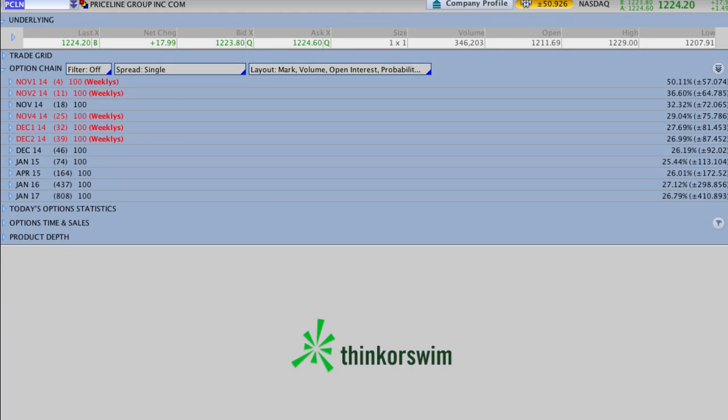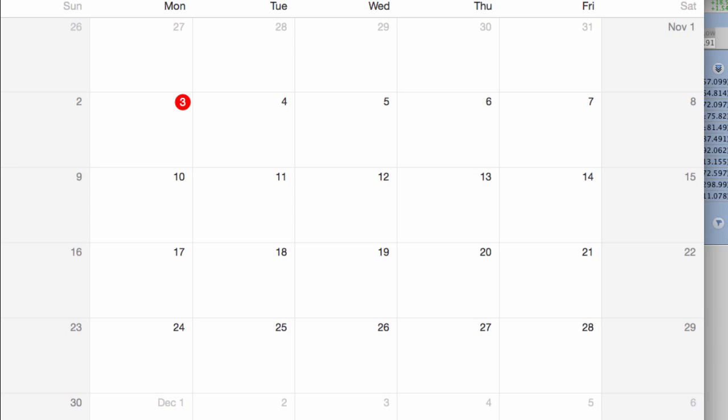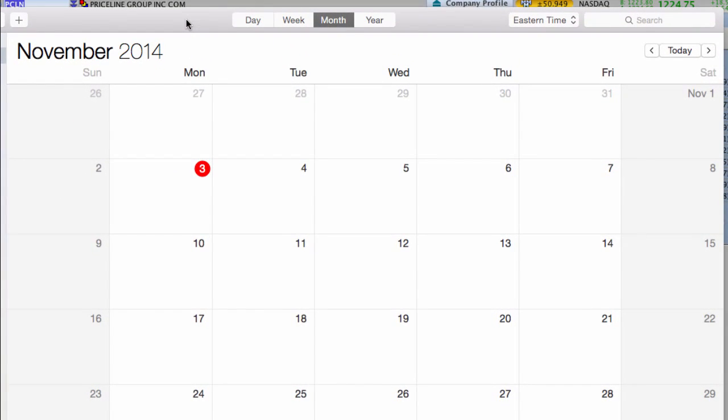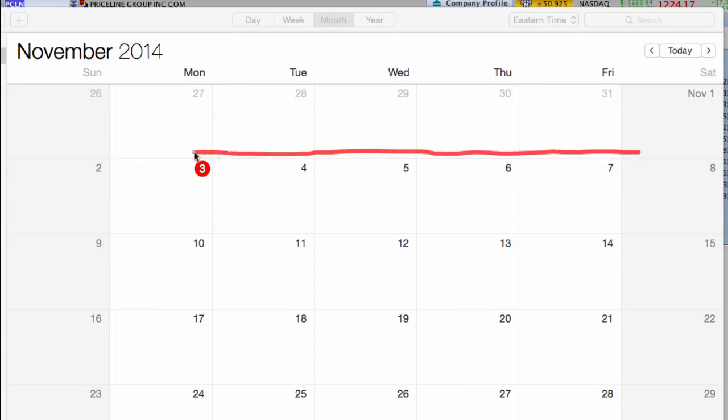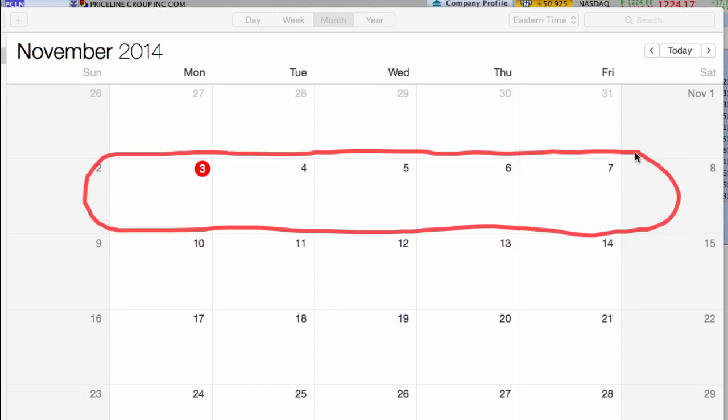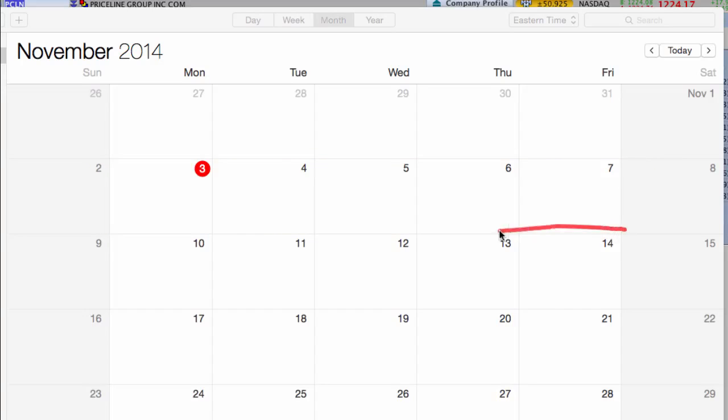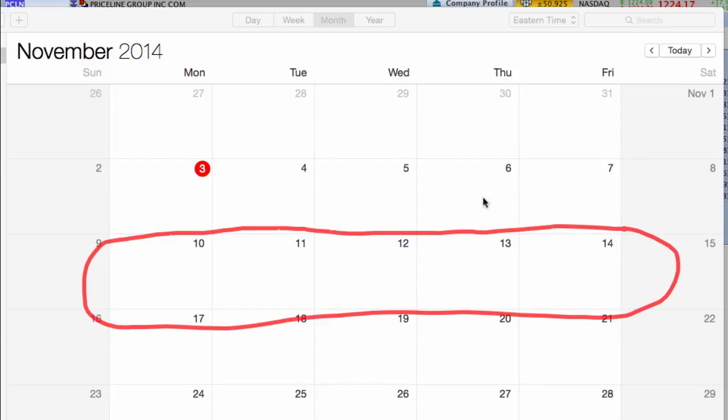So let's go here to a calendar real quick, and I just brought up November, so let me just scooch it down into the window here. So you can see this is November, and those first contracts expire the first week of November. So remember those Nov 1s, this is the expiration week that we're dealing with. Now those next contracts expire this week, which is the second week of expiration. And again, you can see just on the calendar how easy it is, those Nov 1 and Nov 2.